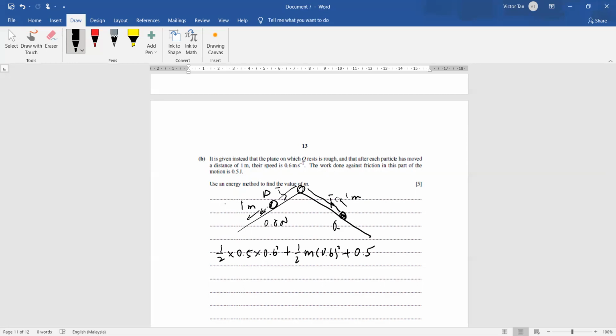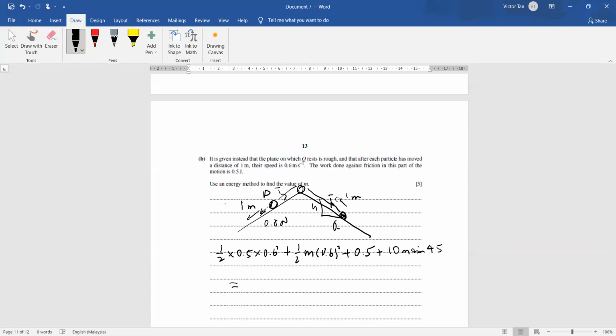Q will gain potential energy. This is the height. So sine 45 is h over 1. So h is sine 45. So 10 m g sine 45 equals the loss.